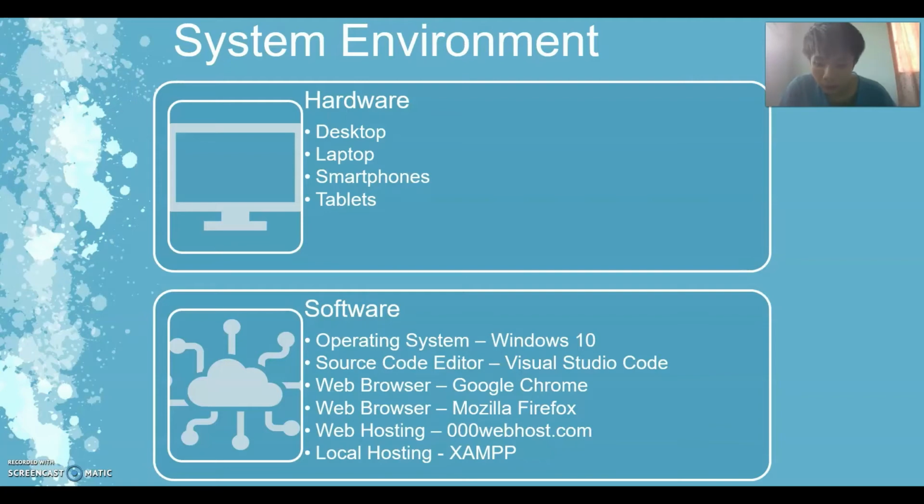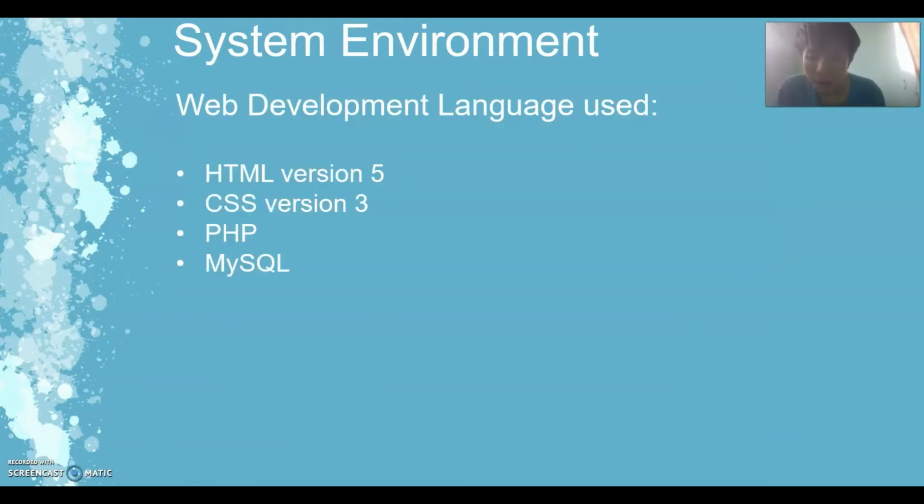For the software, we use Windows 10 as our operating system, Visual Studio Code as our source code editor, Google Chrome or Mozilla Firefox as our web browser, the website 000webhost.com as our web hosting, and XAMPP for our local hosting. The web development languages that we are going to use are HTML version 5, CSS version 3, PHP, and MySQL.